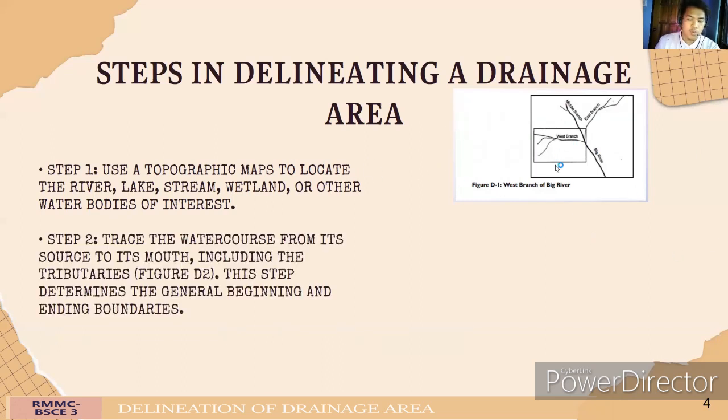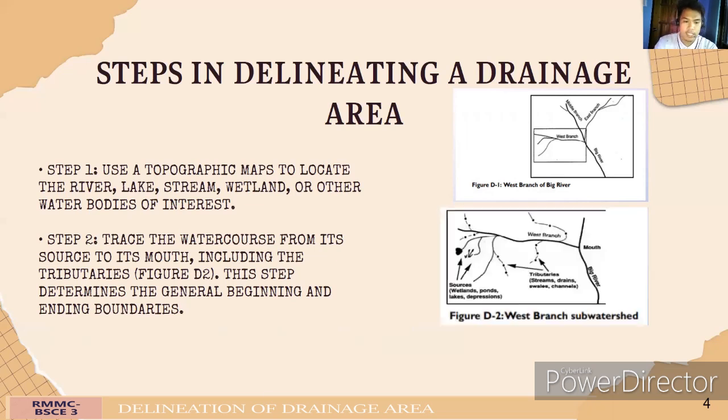Next, step 2. Trace the water course from its source to its mouth, including the tributaries. These steps determine the general beginning and ending of the boundaries.